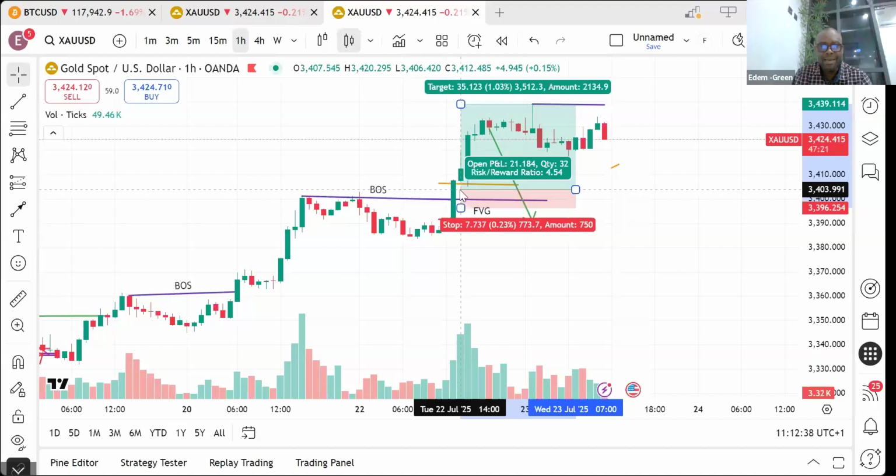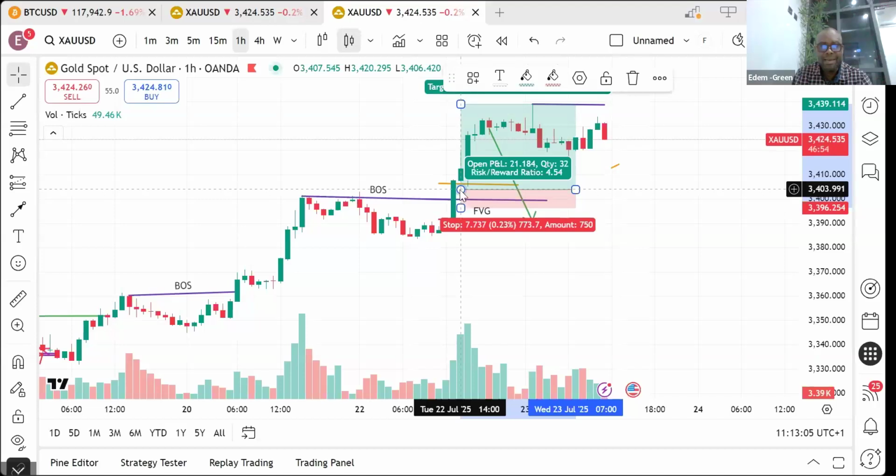Let me take this out, this candle. So once you have mapped out this, there are two ways anyway.